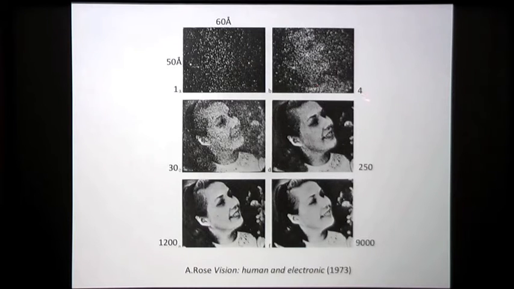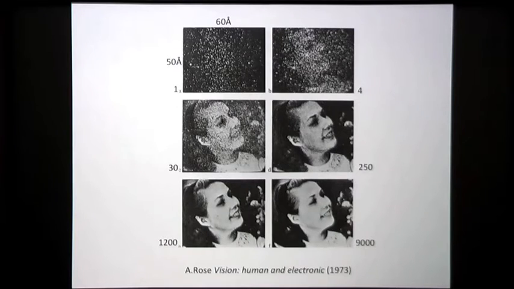So if we use 4 times more, 30 times more, 250 times more, 1,200 or 9,000 times more, you see that the definition in the image gradually improves with the number of photons that you record. You can do the actual thing here because you're not going to destroy the woman with the photons in this case. And you can see that it has 2 effects. One is that you record the relative contrast levels, the density levels, much more reliably as you increase the dose.